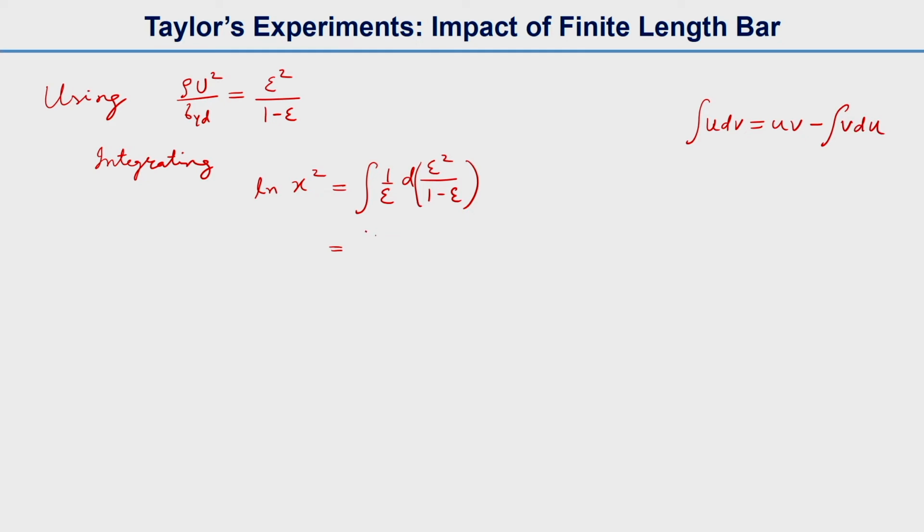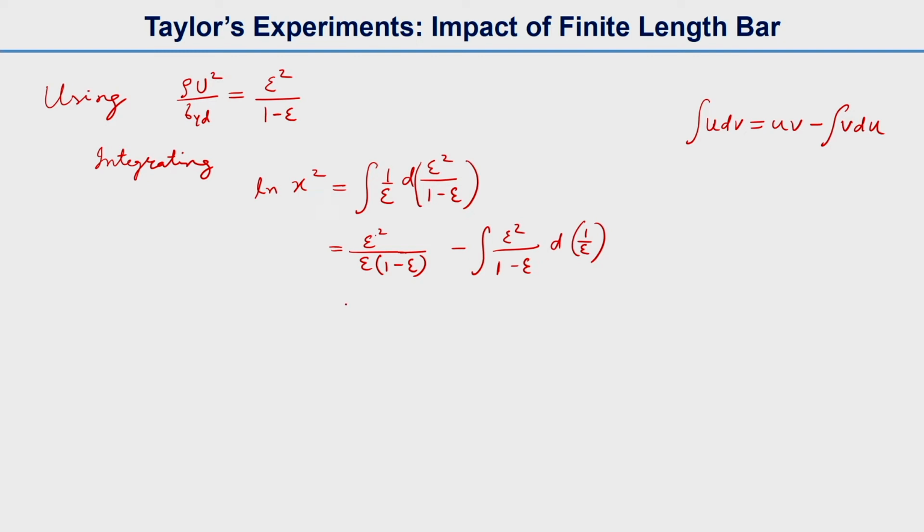This is just integration of u dv, let us say u dv is equal to uv minus integral of v du. Applying that, what we will get is epsilon square, epsilon into (1 minus epsilon), minus epsilon square, minus (1 minus epsilon) and d(1 by epsilon).